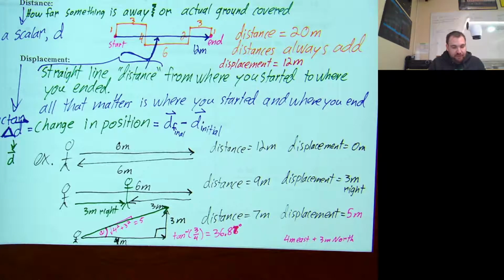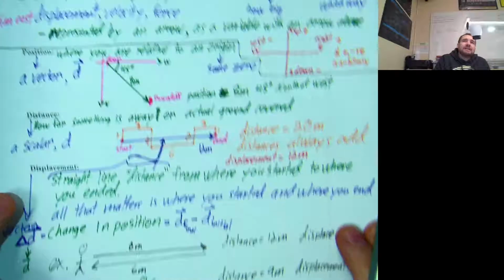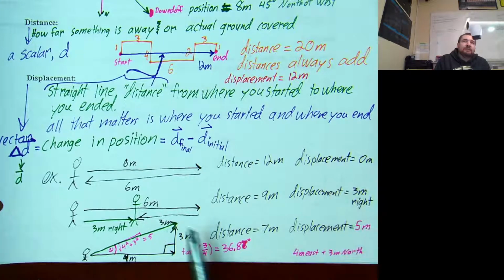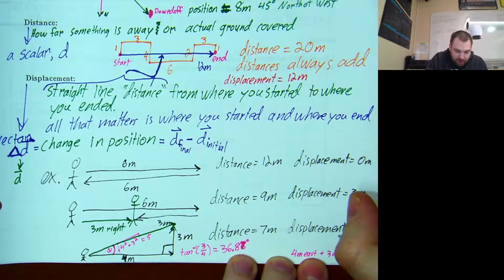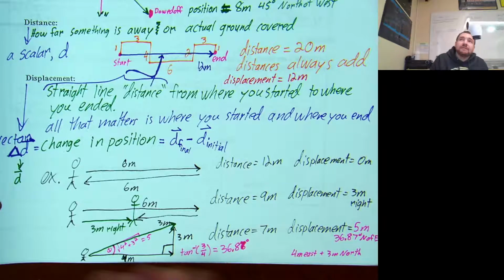Okay. So then the other way we could say this, just like I did in my door example over here, is we could say that this person is 5 meters, that's straight line distance, 36.87 degrees north of east.